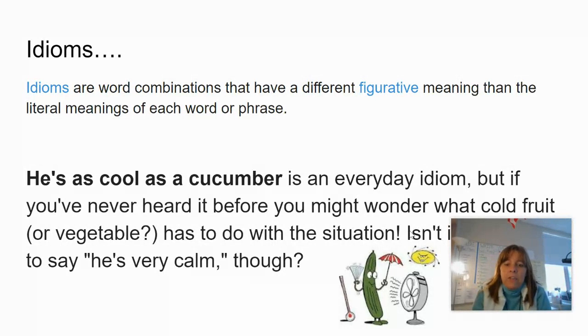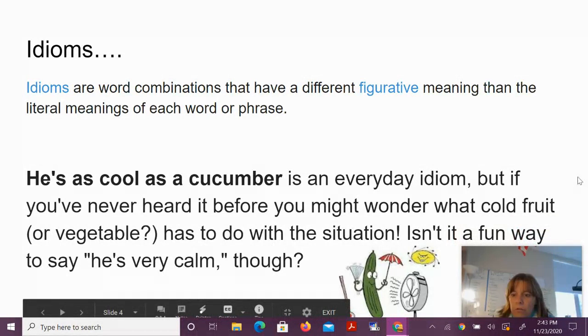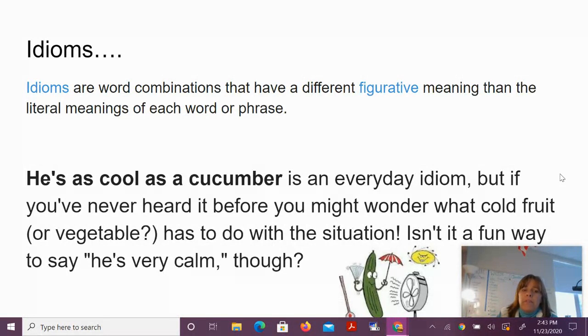And if you were learning how to speak this language, let's say you're from Japan and you've never spoken English before, if I said to you, hey, my brother's cool as a cucumber, it'd be very hard to understand what you're talking about. Wait, let me look in my English-Japanese dictionary. Cucumber means vegetable.